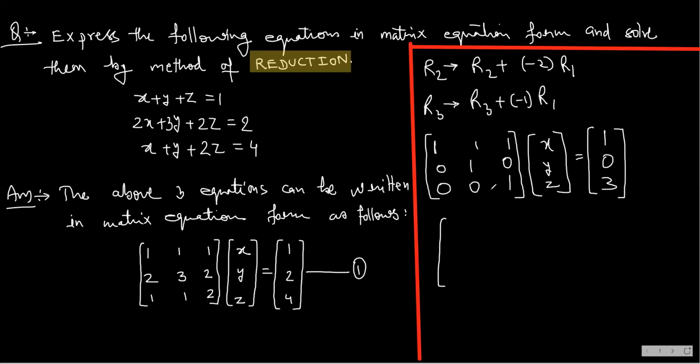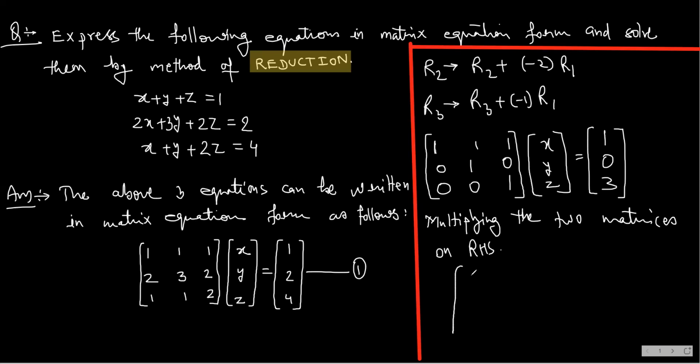So see students, I write here, let me write that step: multiplying the two matrices on right hand side. So when I multiply, see what do I get? I will get here 1 multiplies x, so x, plus 1 multiplies y is y, plus 1 multiplies z is z. So x plus y plus z.